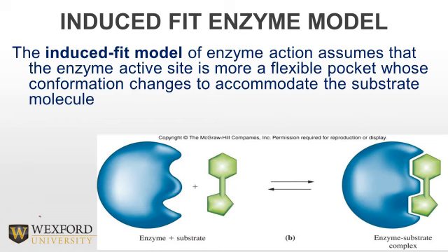In other words, it starts to adjust. The machine starts to undergo adaptations, and it's going to fit the substrate perfectly. It's more of a flexible pocket that undergoes conformational changes to make that substrate fit perfectly. And then once again, this enzyme at this active site will make whatever changes to that substrate that it's designed to make to undergo that reaction.